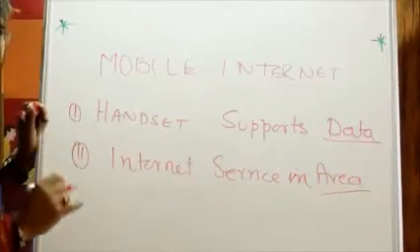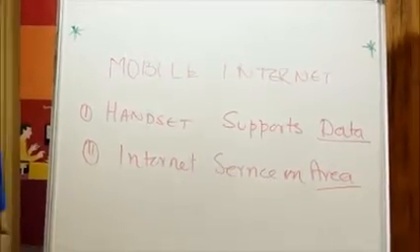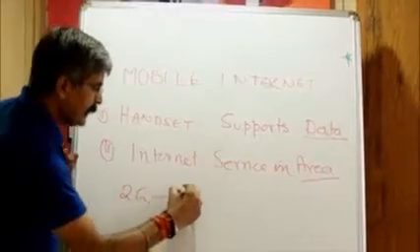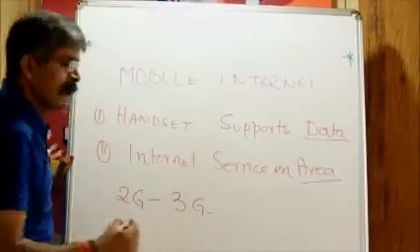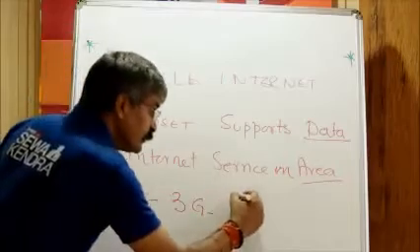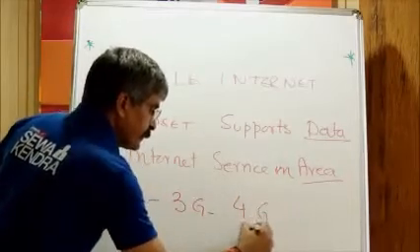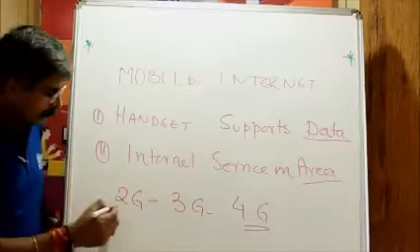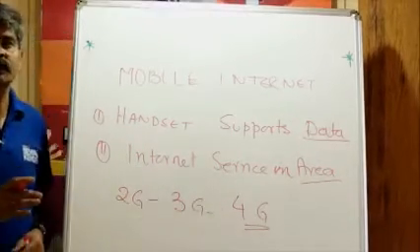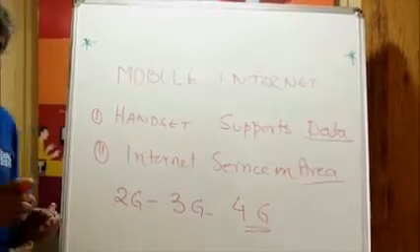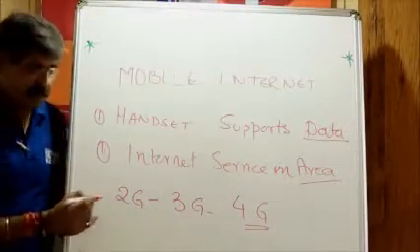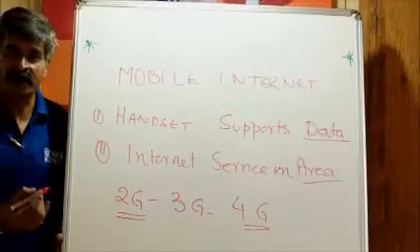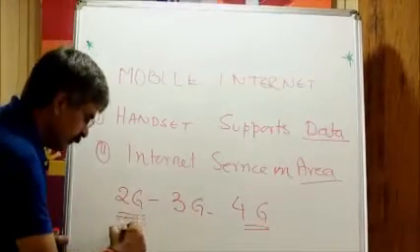Now there are two kinds of services which are available these days. One is the 2G service and the other is the 3G service, and in some areas we also have the 4G service. These are three different generations of mobile communication and data communication. 2G is like the bullock carts of olden days.